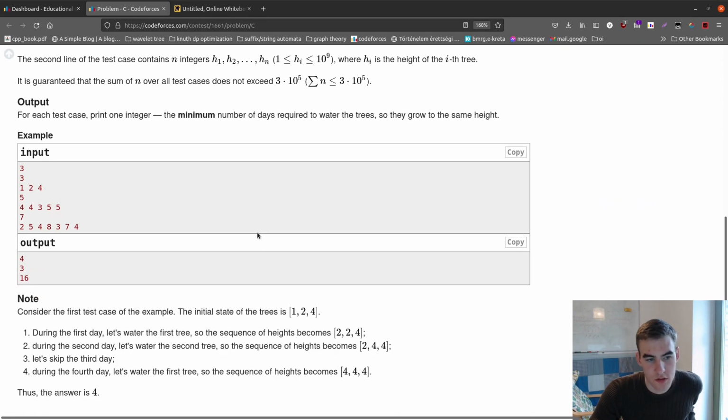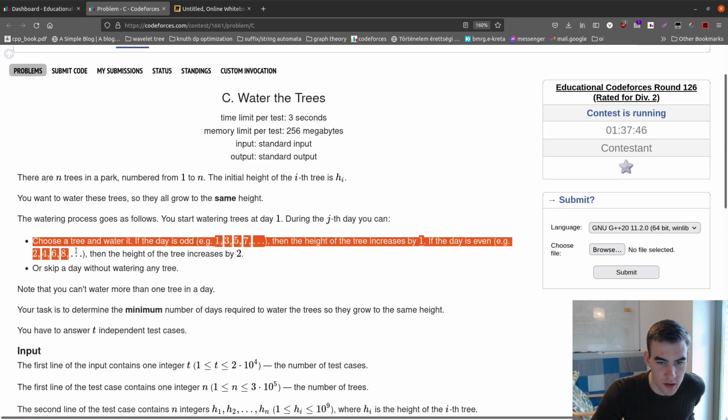Okay, well, I need to choose the tallest tree because there's no way I can make the trees shrink.